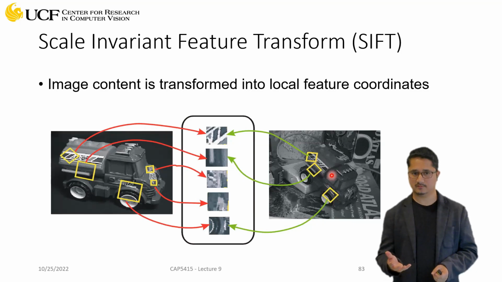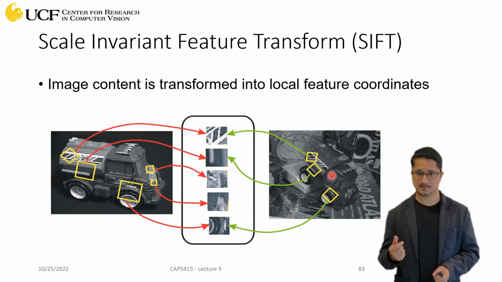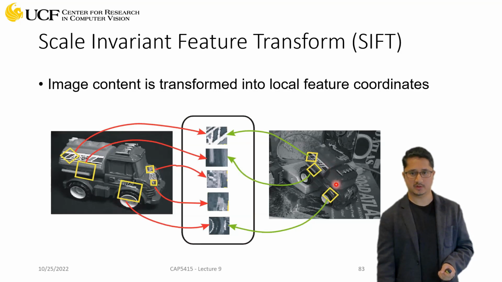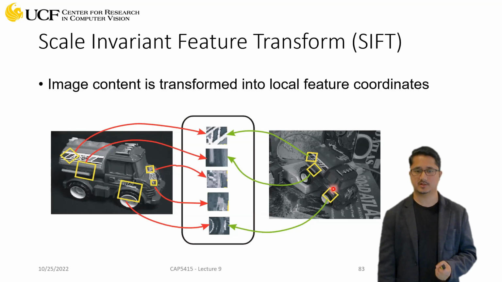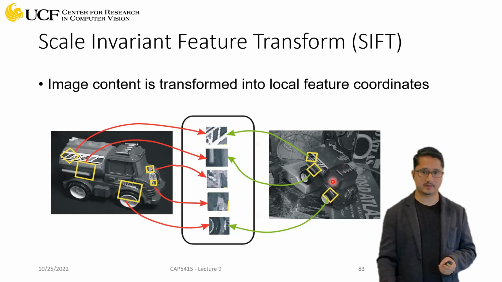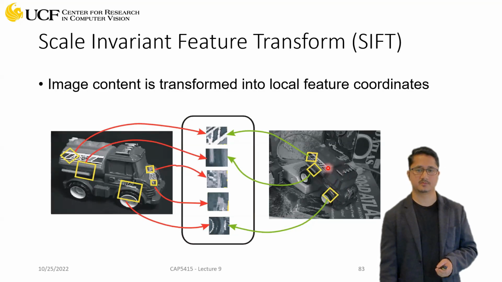The orientation is different, the rotation is different, the scale is different. As a human, we can easily say that these are almost similar trucks, but for a computer vision algorithm, it's very challenging. So SIFT is scale invariant, rotation invariant, as well as translation invariant, and we have all those three factors here in these two images.